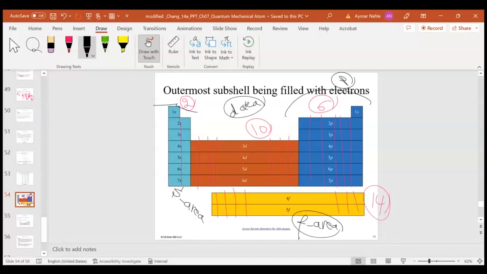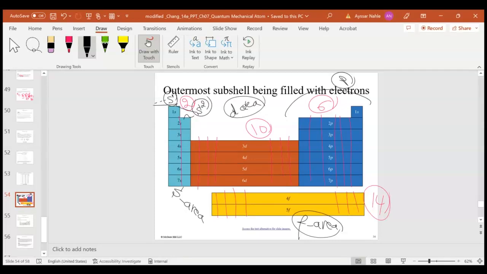This is actually S. That means any atom in group 1A, its electron configuration will end up with s1. All of these in here will end up with s2. I mean the electron configuration goes from 1s2 and so on, and should end up with s2.